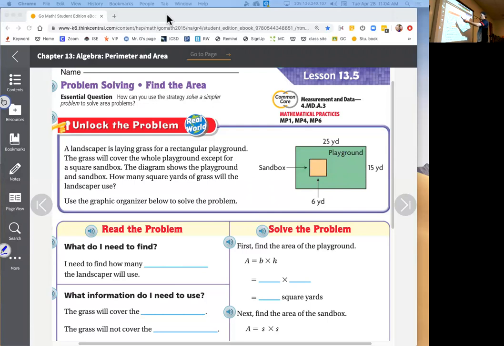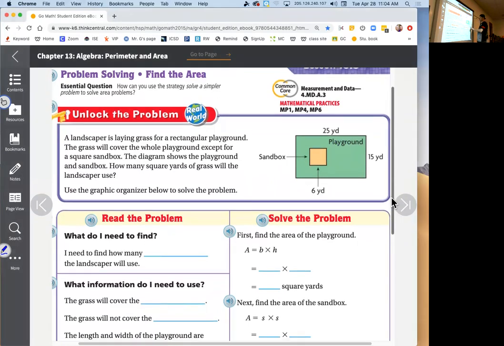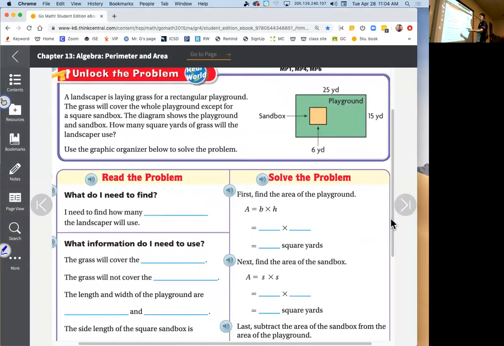Okay, so landscapers laying grass, you guys can read through that, but let's do this. Read the problem. I need to find how many square yards the landscaper will use. The grass will cover the playground.